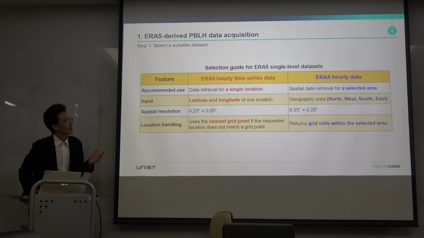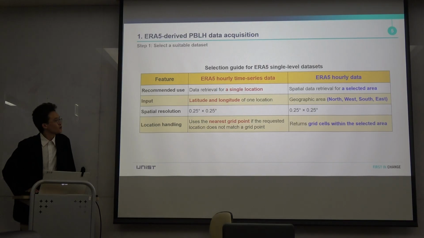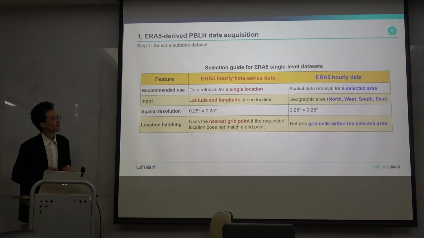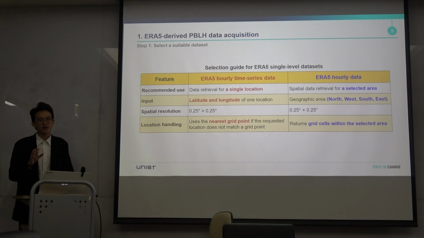Meanwhile, the ERA5 hourly data is more suitable for spatial analysis, because we can enter a whole geographic area, and then we can get the data from all the grid cells within the requested area.